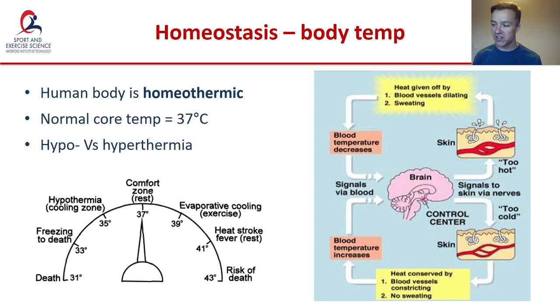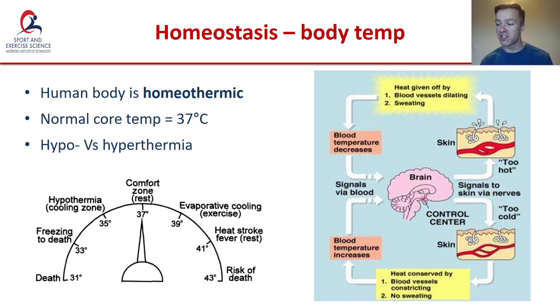The control center is the brain, specifically your hypothalamus, and there are various effectors around the body that result in sweating or vasodilation and other outcomes that will help to lower body temperature or drive it up. When the sensors detect a change in your body temperature, the hypothalamus, that part in your brain, the control center, will coordinate the response to return the body to normal temperature.